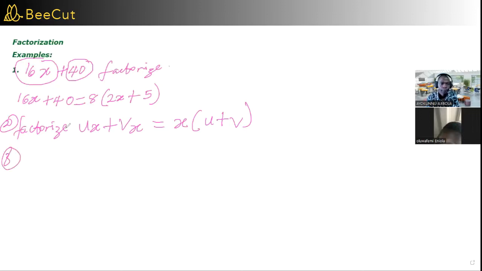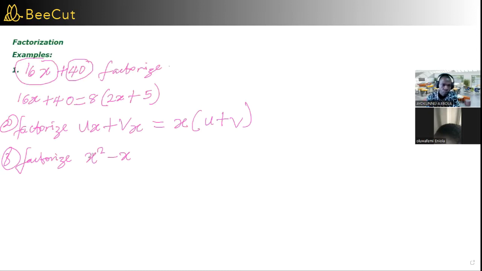Then number 3. Let's assume you have x squared minus x to factorize. So how do you go about that? Please face your camera and be careful. You will discover that we have x here and we have x here too.